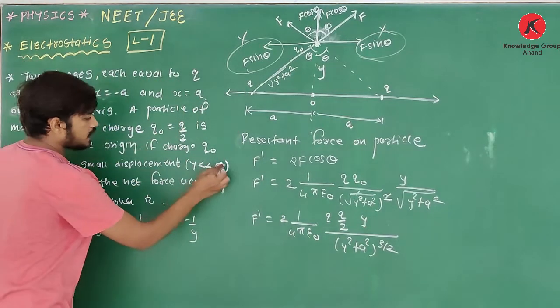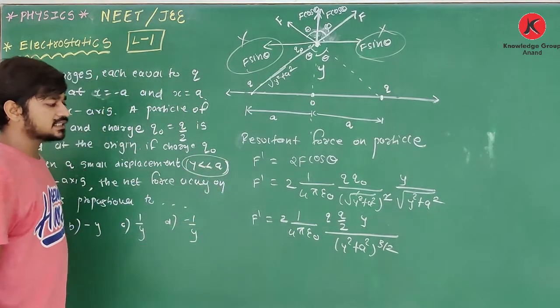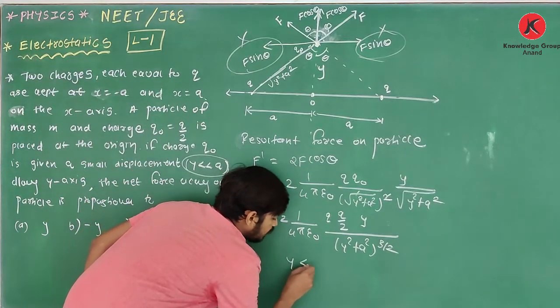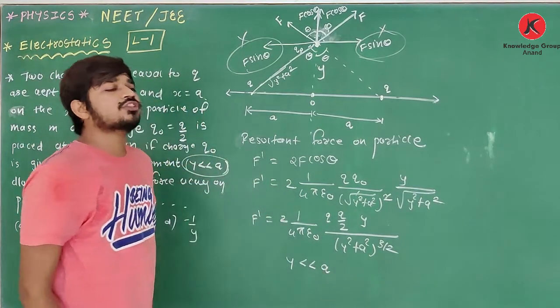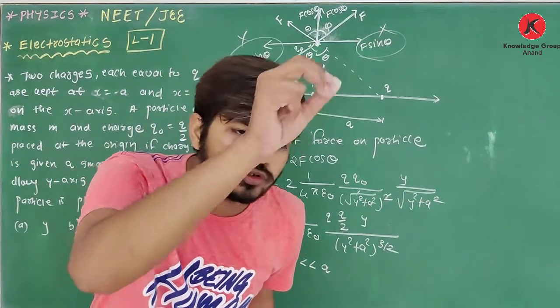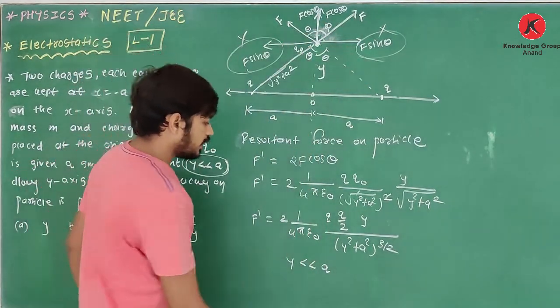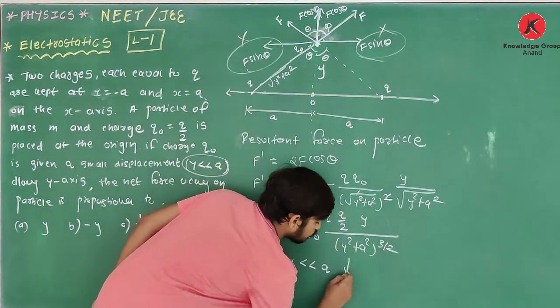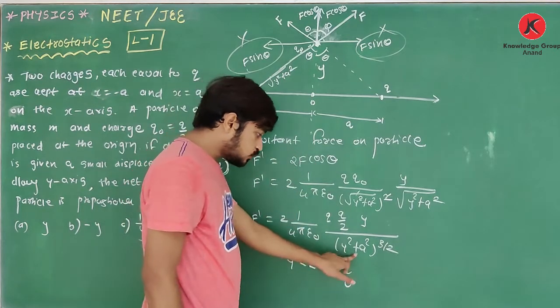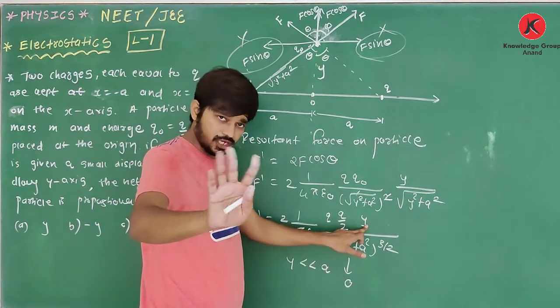But you are given one condition, that y is very less than a. So with respect to a, you have to neglect y. In this denominator, this y squared you have to take as 0 with respect to a squared, not the y in the numerator.